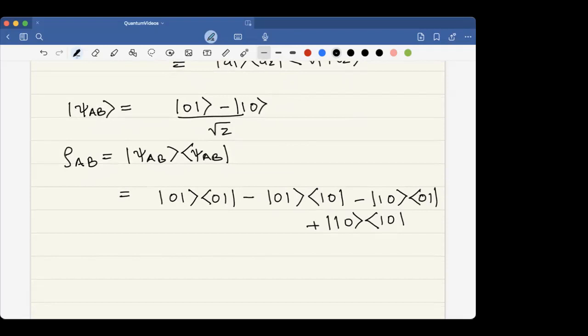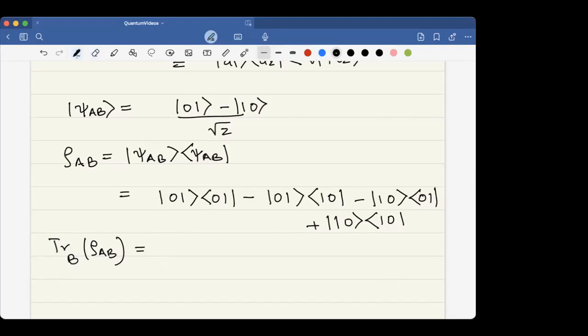Now, the partial trace is linear. Suppose I do the partial trace over row AB, which traces out the first subsystem. Let me do B, because in the previous example I had done the second subsystem.